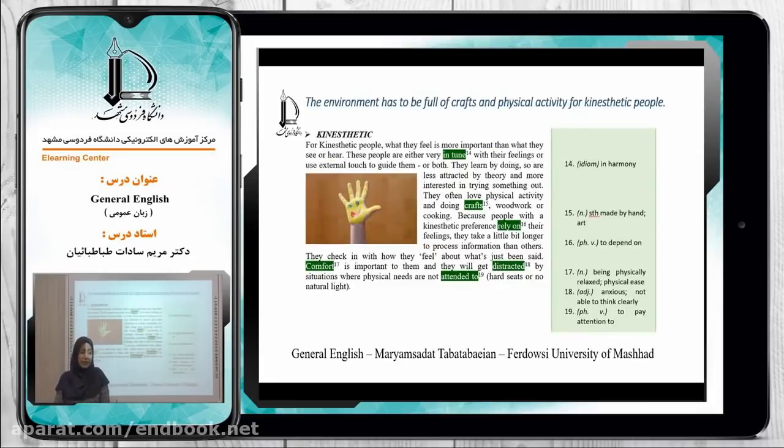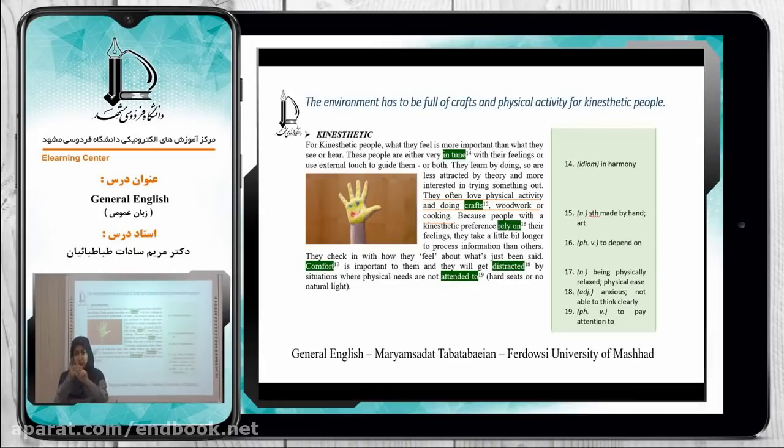Next sentence. The environment has to be full of crafts and physical activity for kinesthetic people. Remember kinesthetic people? Let's just take another look at the paragraph. It says they love physical activity and doing crafts like woodwork or even cooking.